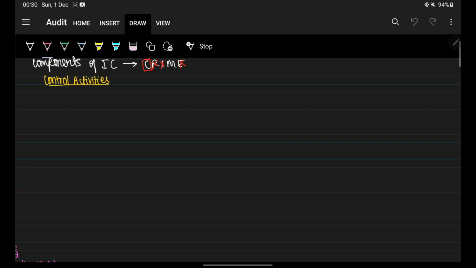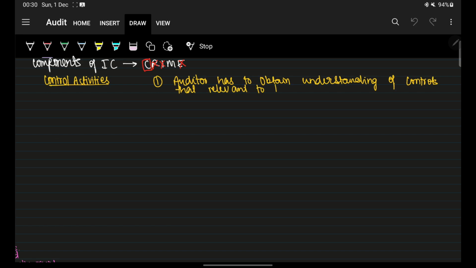In that, what did we see? The first point was that the auditor has to obtain an understanding of controls that are relevant to the audit.